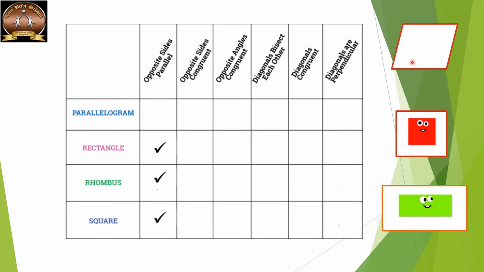Now, are the opposite sides congruent, that is equal? Yes, in square all the sides are equal. In rectangle, that's a main characteristic of rectangle, that opposite sides are equal, and in rhombus also all the sides are equal. That means opposite sides are also equal.